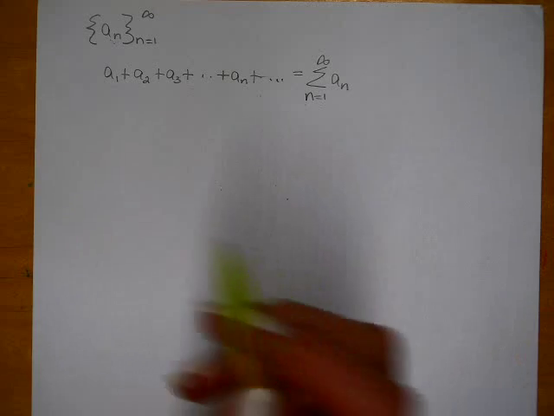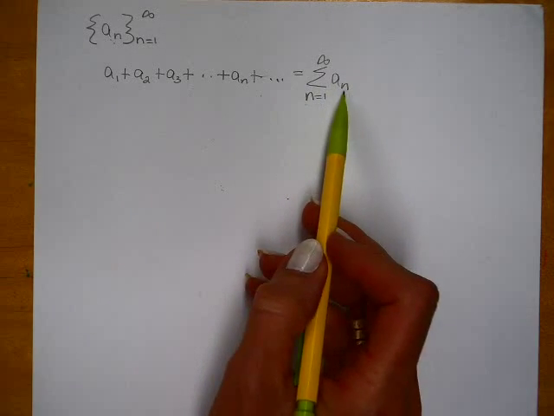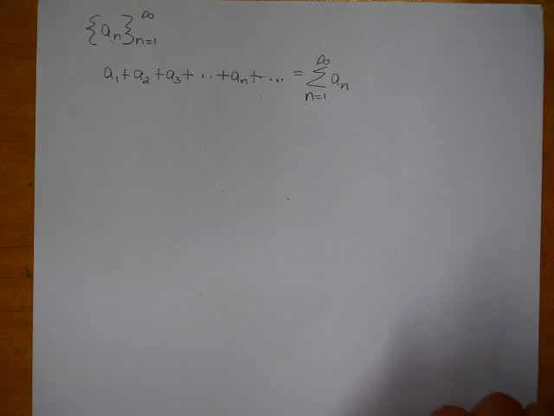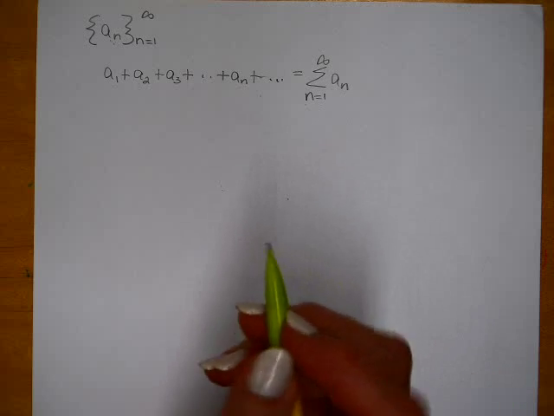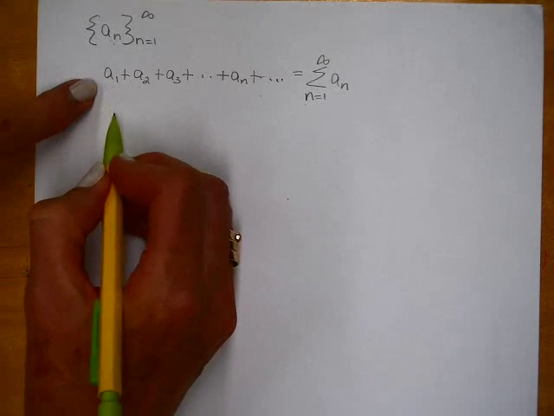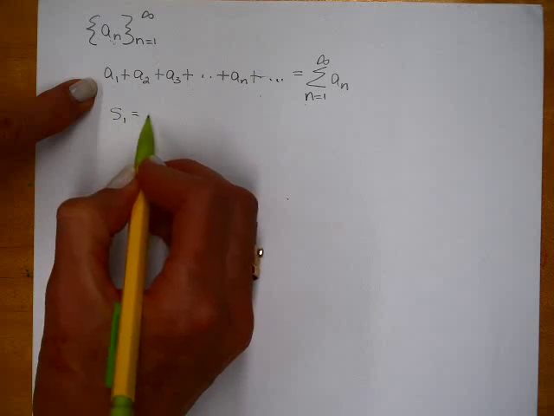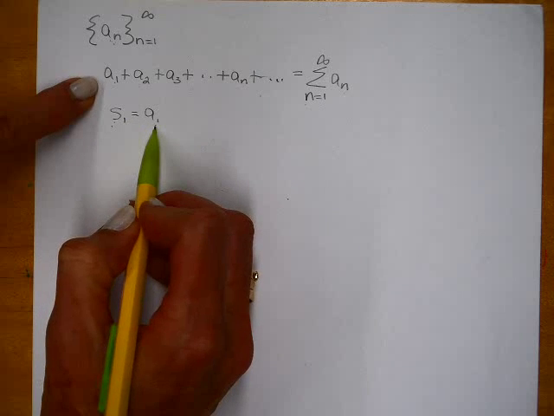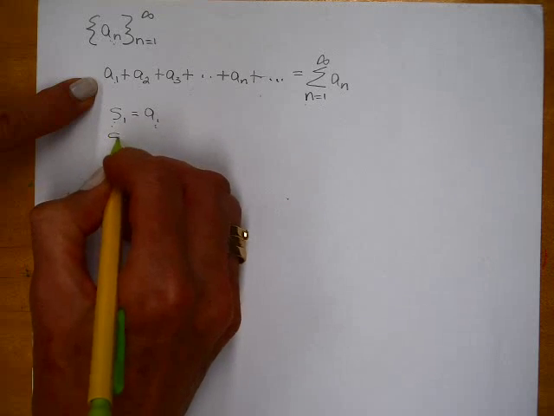Okay? So in order to decide if this actually has a sum or if it just gets larger and larger and larger, what we do is we look at a sequence of partial sums. So what we look at is the first term, the sum of the first term, which is just the first term.